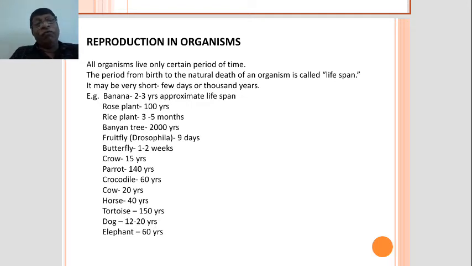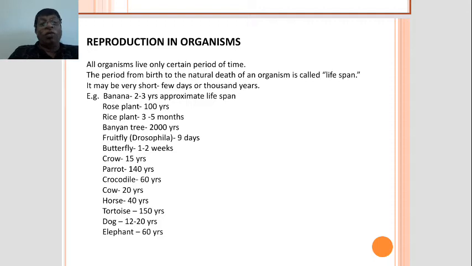This is called queen of genetics, because many genetic works were done on this animal. The lifespan is only a week. If we examine the butterfly, there are different species of butterflies. The approximate lifespan is 1 to 2 weeks.